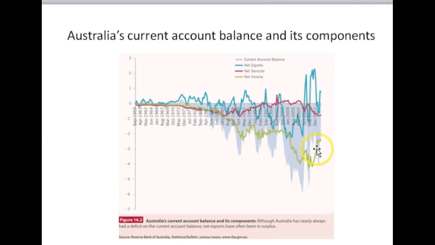So this figure shows the current account and its components over the years from 1959 to 2011-12. We can see that the blue line, which is our net export, has had surpluses in several years in the 1970s, also in 1989 to 1994, and also between 2008 and 2012.